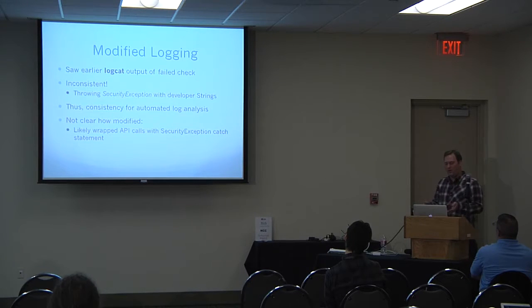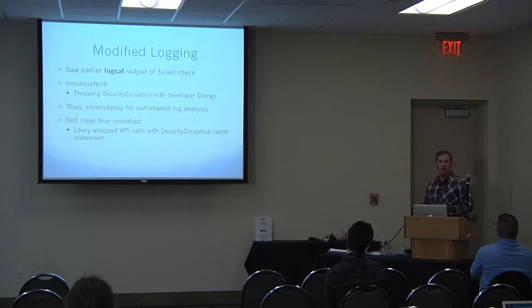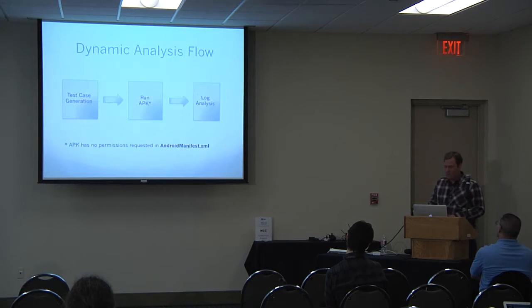Basically, they don't specify in their paper exactly how they do it. But the way I would do it is just wrap each API call to catch the security exception and have a nicer output. And the basic flow of how their stuff works, they do this test generation, they run the APK, and then they do a log analysis.